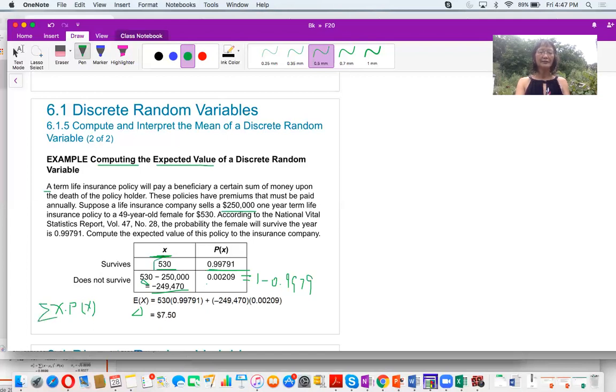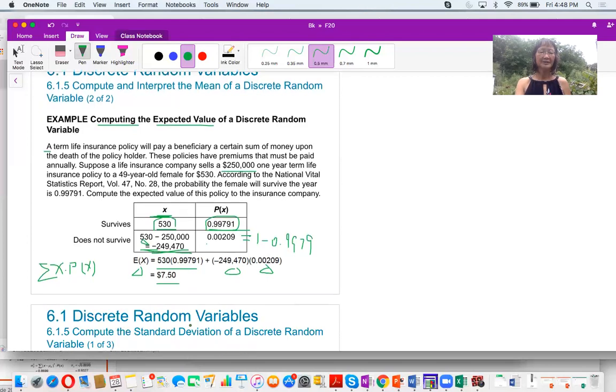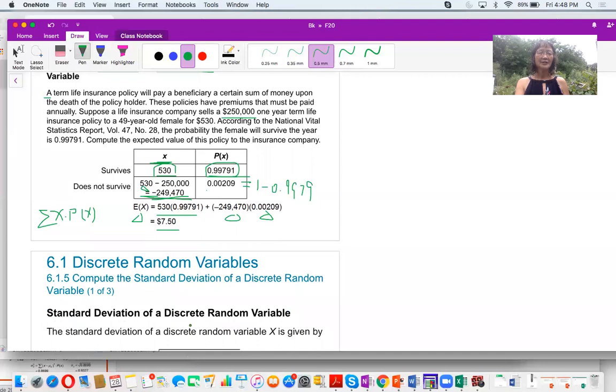So X is 530 times P(x), 0.9979, you get this one. And then plus the next X, negative 249,470 times the probability. And you get the result, $7.50. So that is the expected value of this policy to the insurance company.